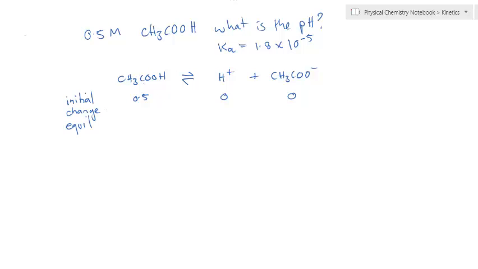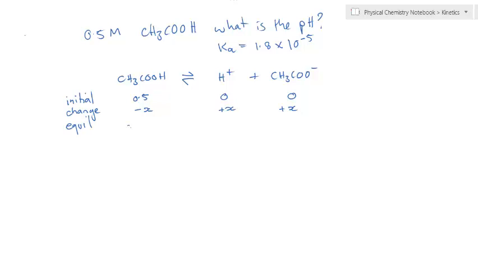Well, this acetic acid dissociates a little bit, so it loses a little bit, and we're going to call that little bit X. Because it loses a little bit, the bit that it loses turns into hydrogen ions, so it's going to have positive X, and also acetate ions, so positive X. So our change is minus X on this side and plus X on that side.